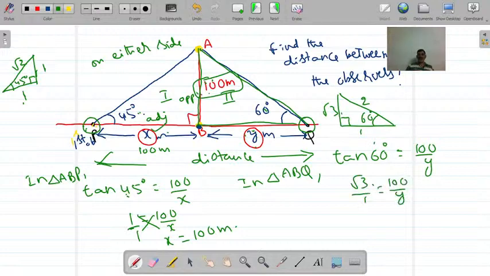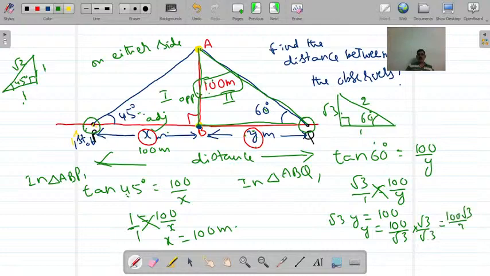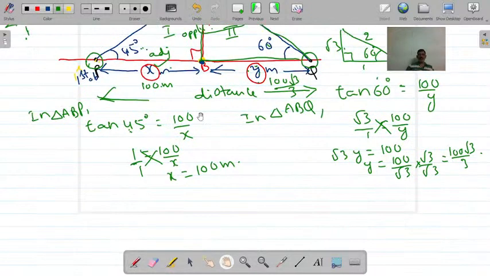Go for cross multiplication. So √3y equals 100. So y is equal to 100 divided by root 3. If you want, you multiply both numerator and denominator by √3. That's how you get 100√3 by 3. Now what is the total distance? This is 100√3 by 3 and this is 100. So the total distance is x plus y.